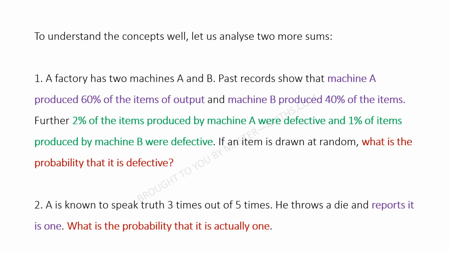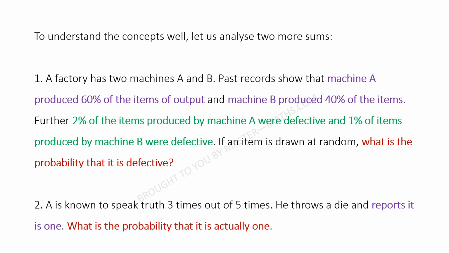Right. Now, 2% of the items produced by machine A were defective. That means it is the probability of A given E1, that is probability that the item is defective given that it is produced by machine A, that is equal to 2 by 100. P of A given E2 is the probability that the item is defective given that it is produced by machine B, that is equal to 1 by 100.